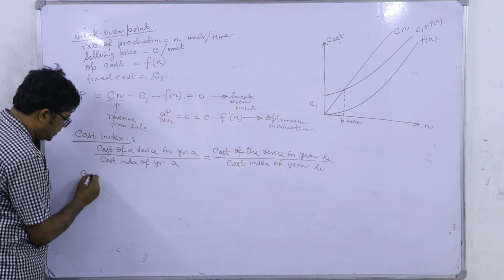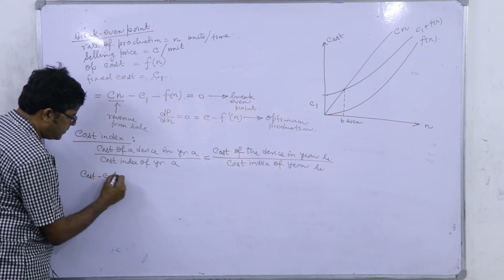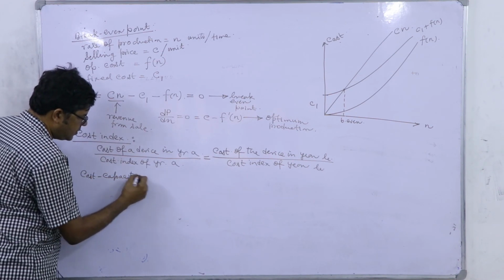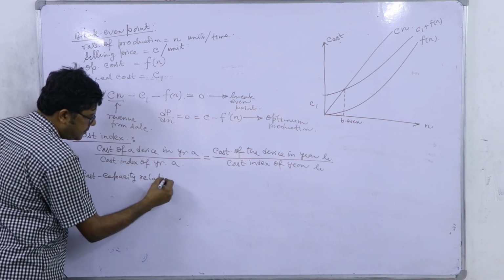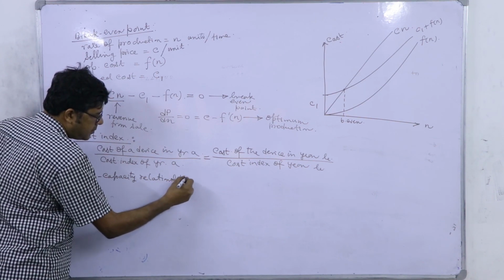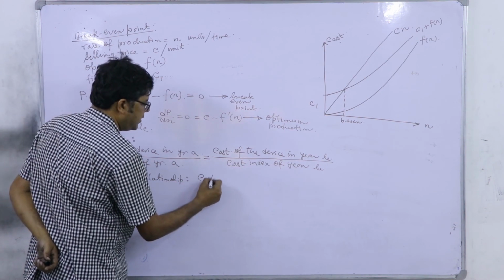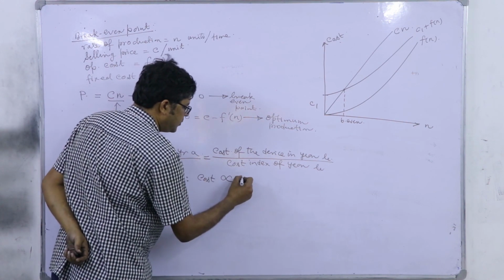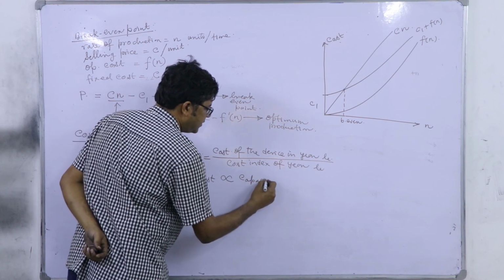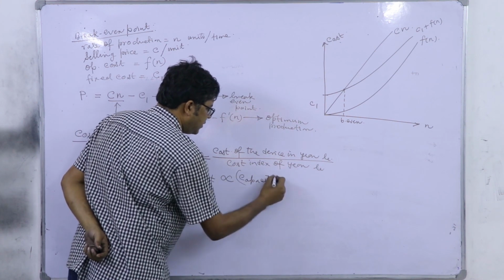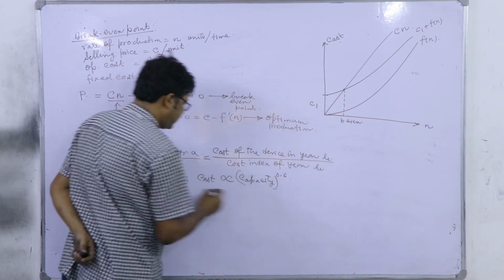Next, the cost capacity relationship. So, cost is generally considered to be proportional to the capacity to the power 0.6.